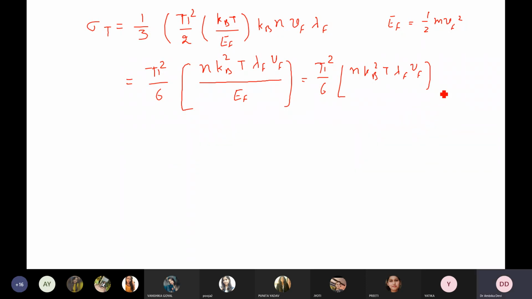Okay, so this is 2EF divided by m, and here we have EF also.